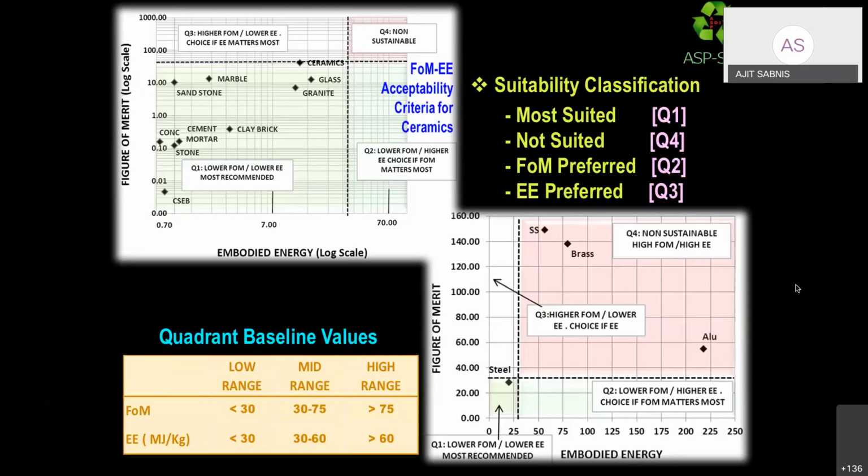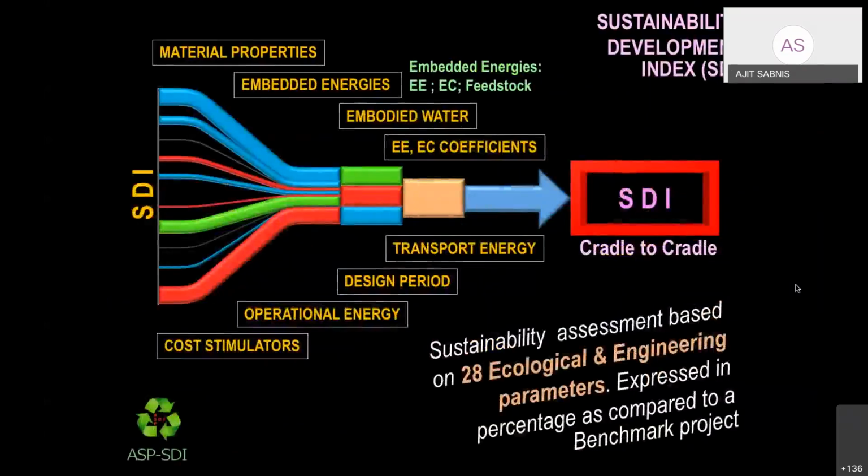We also discussed what exactly the Sustainability Development Index is, comprising so many things, and how it can be developed and evolved with reference to climatic conditions and climatic regions. It's also possible to include some of the seismic zones, but it has not been included here. But we can develop sustainability development indices through all those things.